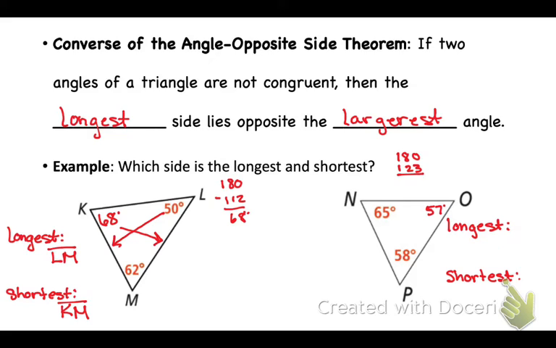OP, because 65 is the largest angle, so OP would be the longest side. Sarah, what'd you get for the shortest side? NP, because it's the smallest angle, so NP. Questions? Okay.